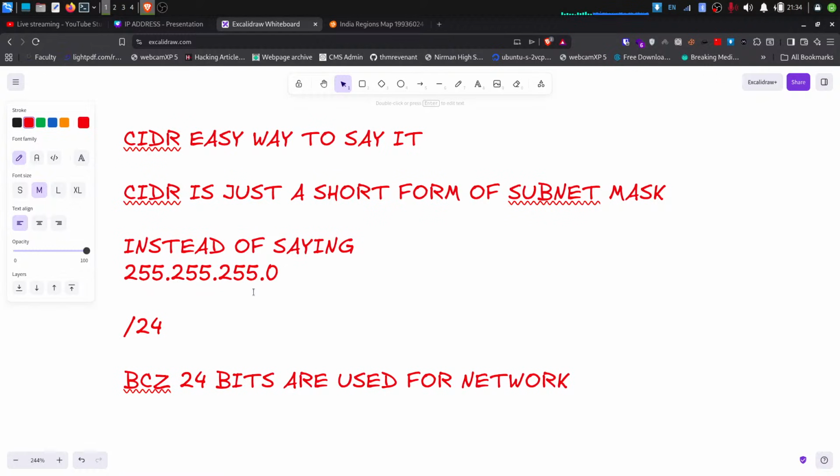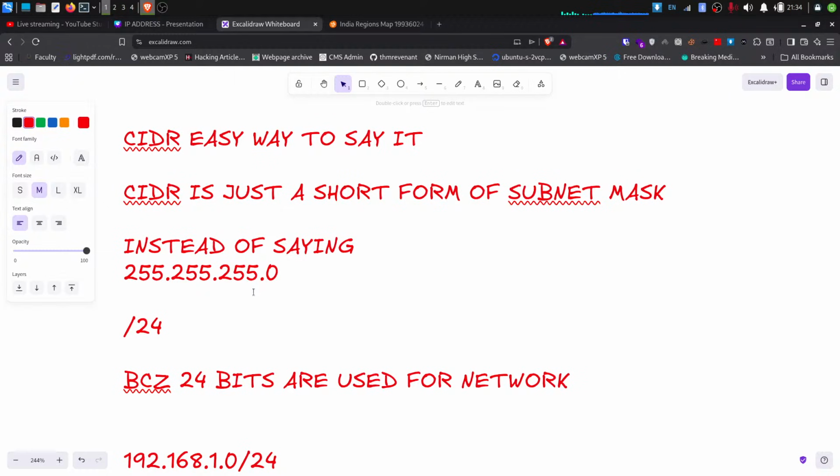Now, the example would be 192.168.1.0 slash 24. Basically, the CIDR makes subnetting more flexible and more modern.